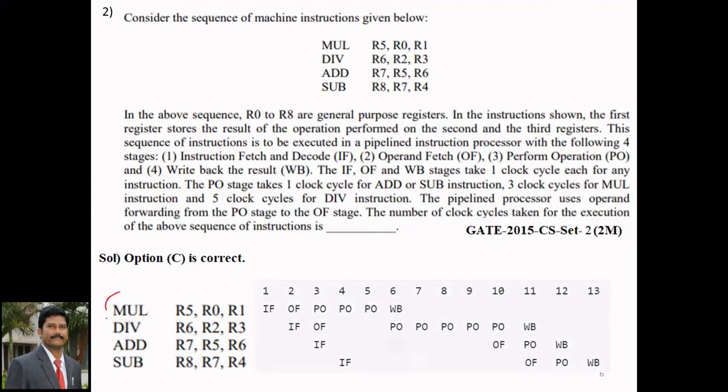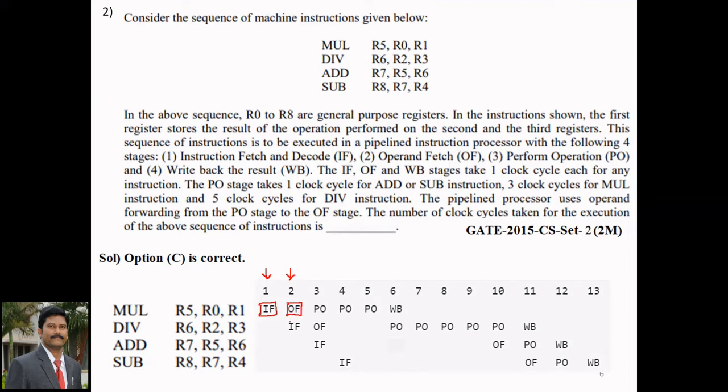See here, 4 instructions are given: multiplication, division, add, subtract. At the first clock cycle, the multiplication instruction enters the IF stage. At the second clock cycle, because it takes only 1 clock, the multiplication instruction enters the OF stage, the operand fetch stage.